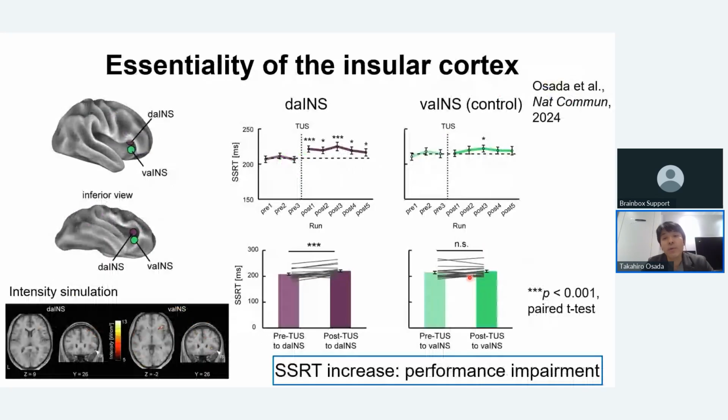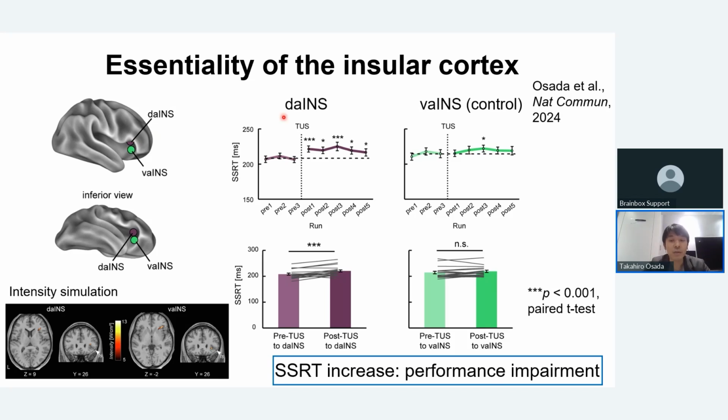So next, we tested the essentiality of the identified DA-ins, dorsal anterior insula. As the DA-ins is located deep within the lateral sulcus, TUS is a suitable technique for targeting this region. The DA-ins was stimulated for sustained suppression with a 40-second stimulation by ultrasound, and the performance of the stop-signal task was monitored before and after TUS.